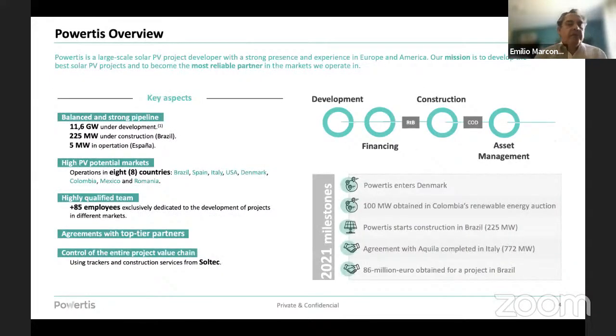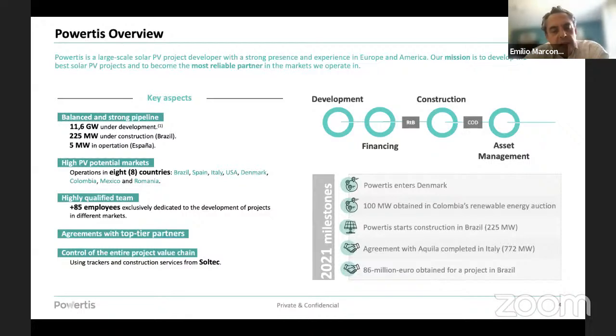Just briefly talking about Powertis. Powertis is a large-scale utility solar developer. We have a strong presence in Europe and the Americas. We have a balanced portfolio of 11.6 gigawatts under development, 225 under construction, and 5 megawatts in operation.